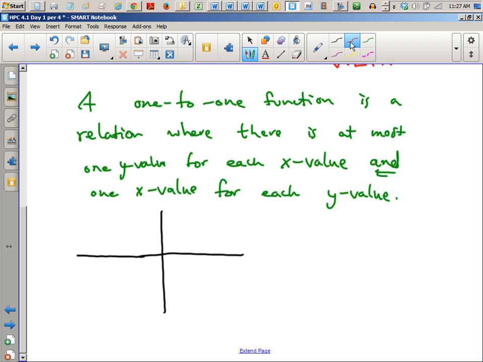You would need to draw it where it's always rising or always falling. Okay? Now, it cannot have any relative extrema. Like it cannot have a relative max, it cannot have a relative minimum.